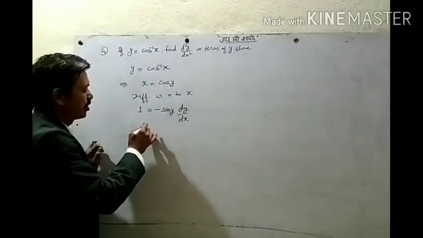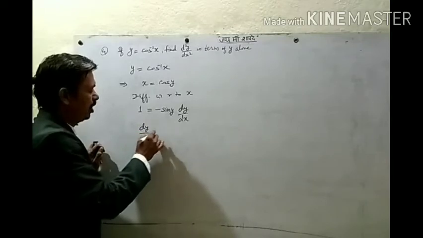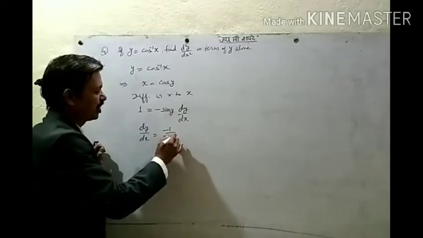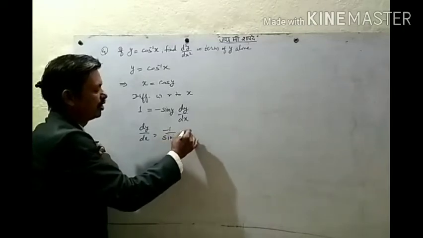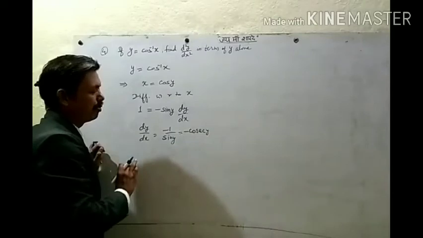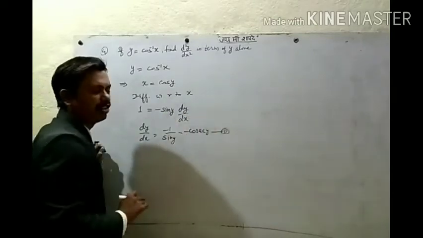So dy by dx will be minus 1 by sin y, or we get minus cosec y.